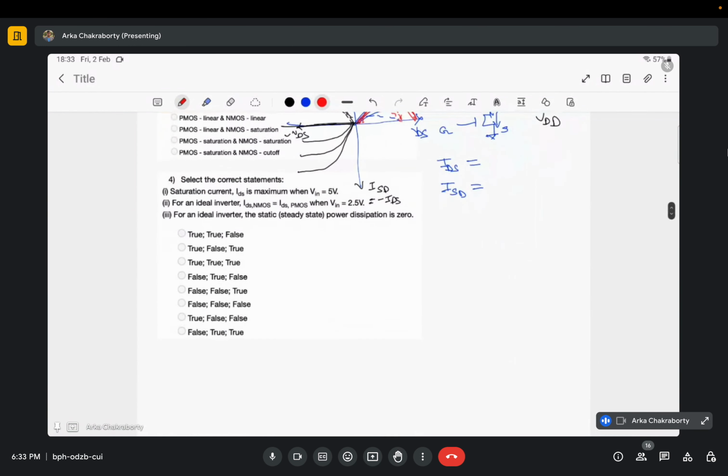Select the correct statements. Saturation current IDS is maximum when Vin equals 5 volt. As far as I have understood the question, they are talking about a technology where VDD equals 5 volts.